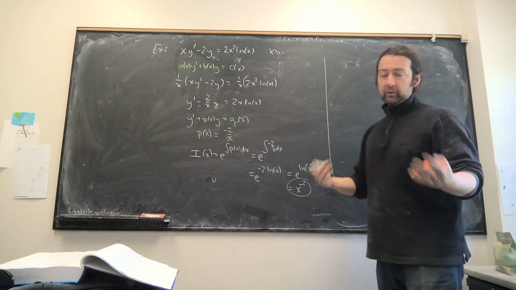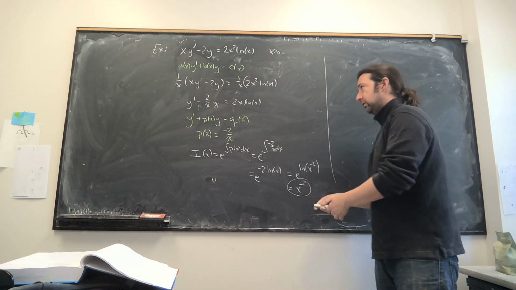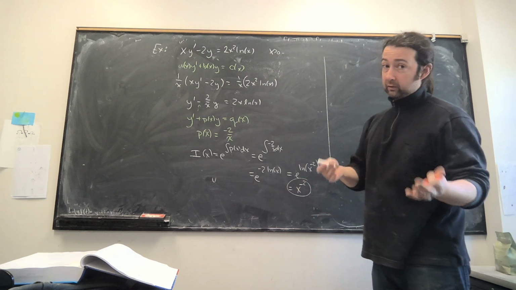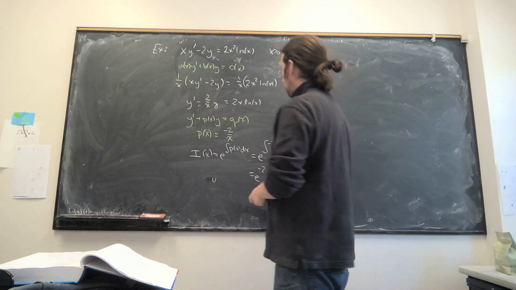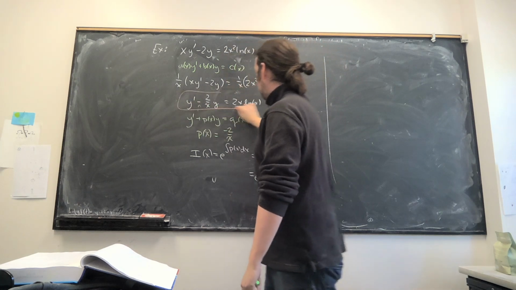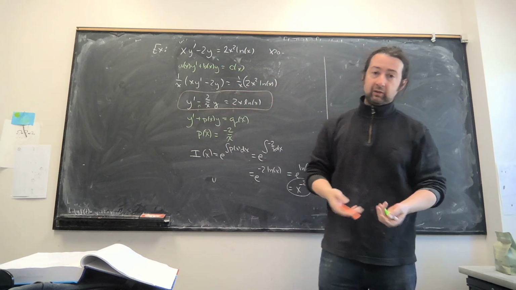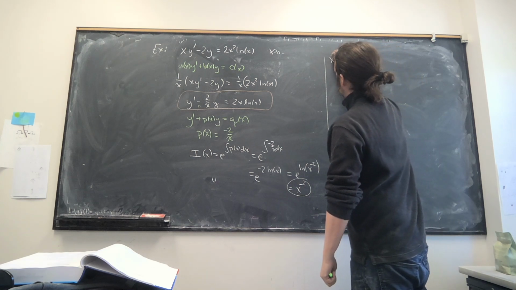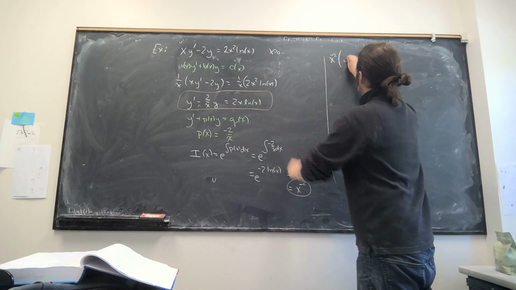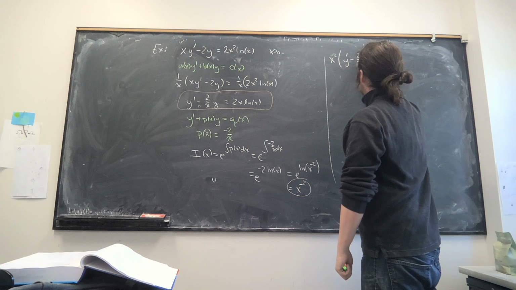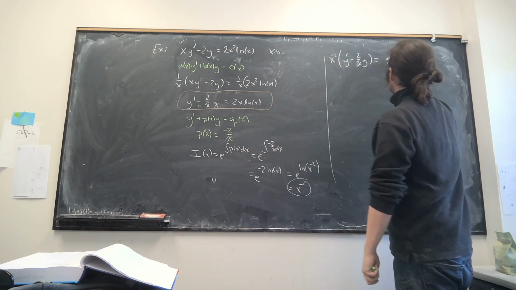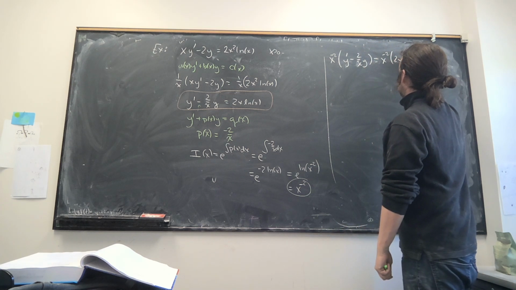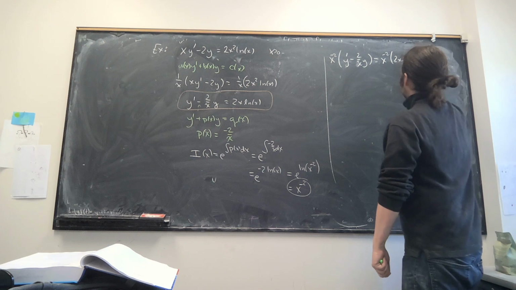So the whole point of integrating factors is once I know what it is, I can just multiply the correct equation by that integrating factor. In this case, this is the form of the equation that I want to work with because that was the standard form equation. So I'm going to write down x to the minus 2 times y' minus 2 over x times y is equal to x to the minus 2 times 2x natural log of x.